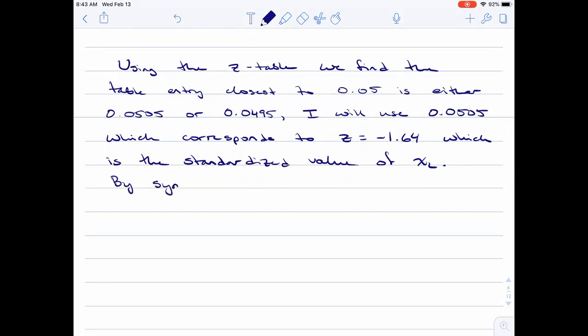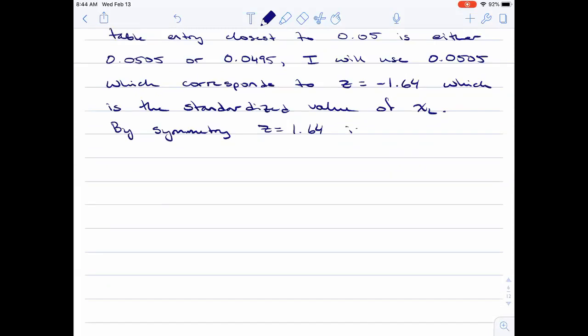By symmetry, Z equal to 1.64, so the positive, is the standardized value of x upper.